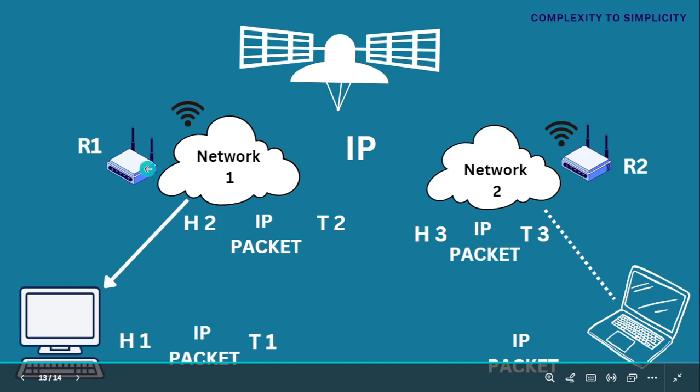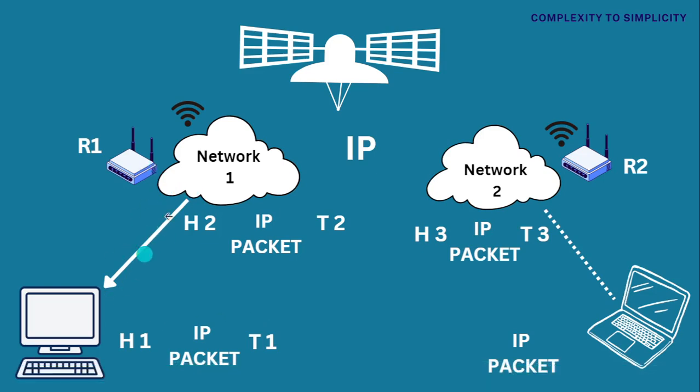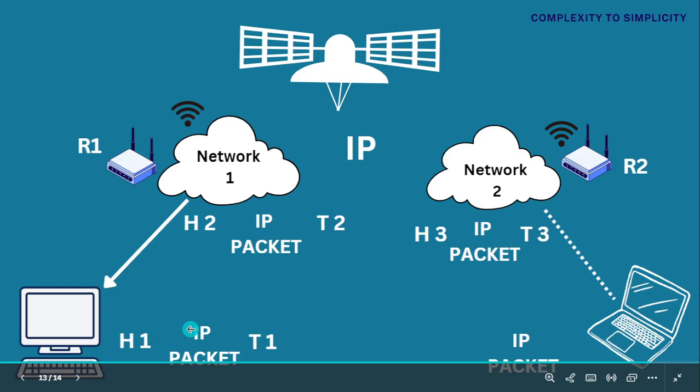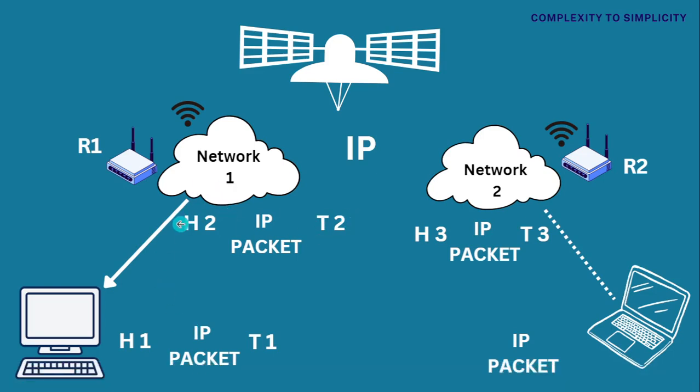So the R1 router receives this Ethernet frame. First it will decapsulate it, and then it will encapsulate it again into a frame. So it will receive the encapsulated packet, first decapsulate it, and then by adding a head and tail and forming a frame, it encapsulates it again, and then sends it to the network with the help of a satellite, right?